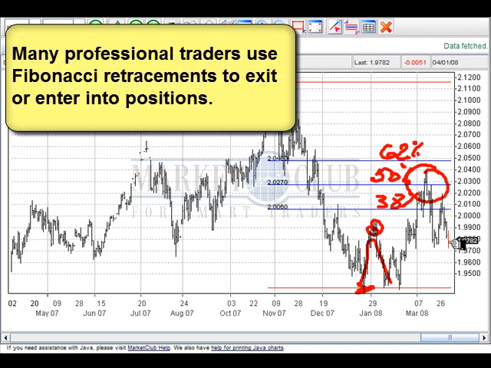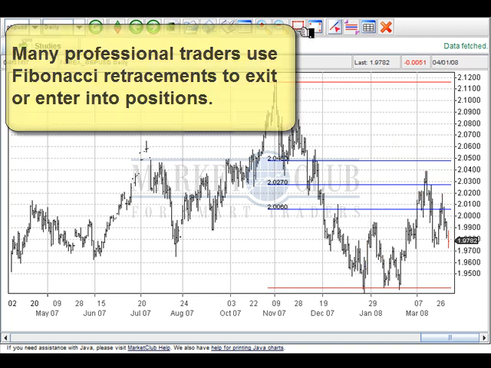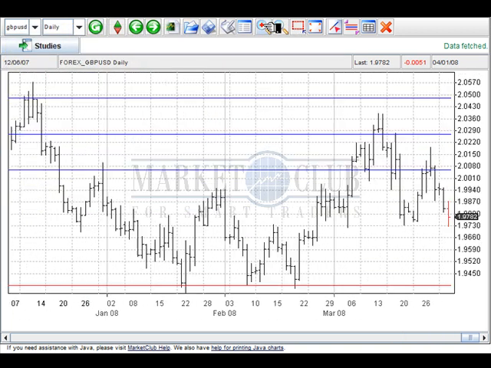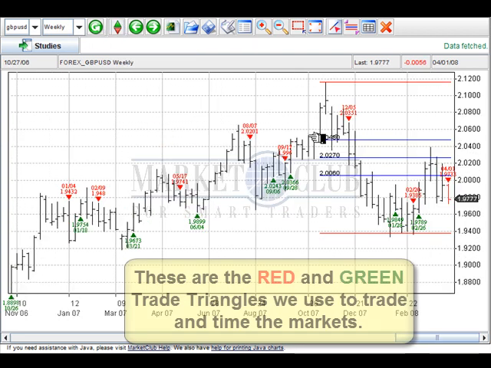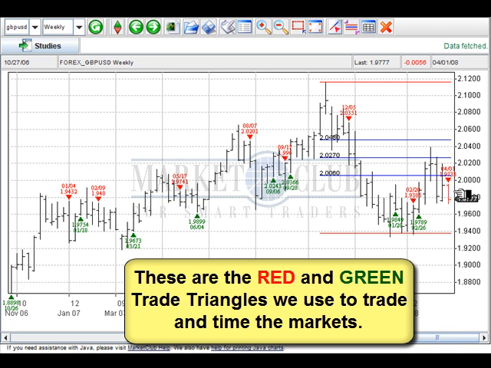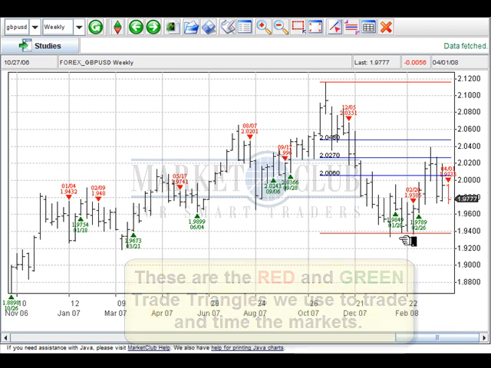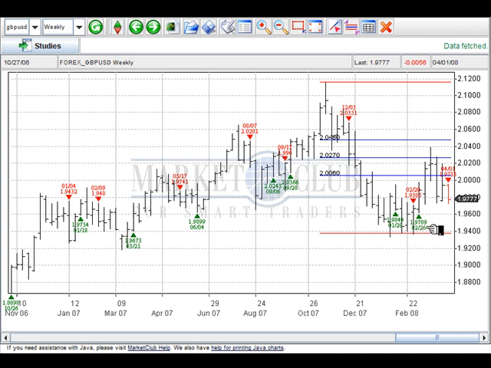So again, we've had this turnaround. I'm going to take this off the screen, scope this in a little bit further, and put our trade triangles in here for today. And as you can see, today's signal is indicating that sterling should go lower. The big level here in sterling is right around the 194 level.